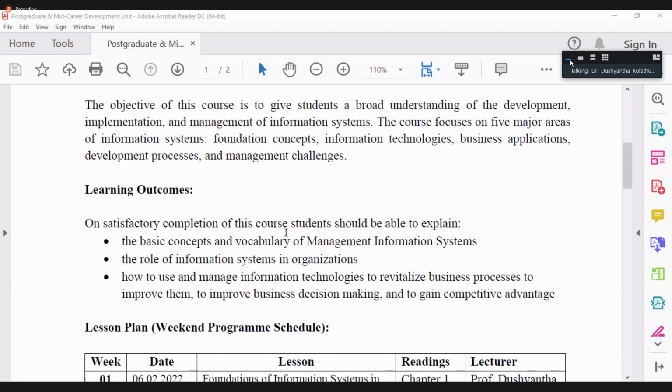So basically, we will be looking at the basic concepts behind MIS and how the information systems are used in organizations, and then how we can revitalize and improve the business processes, business decision making, utilizing information systems and technologies, and also how we can gain competitive advantage through information systems and technologies.